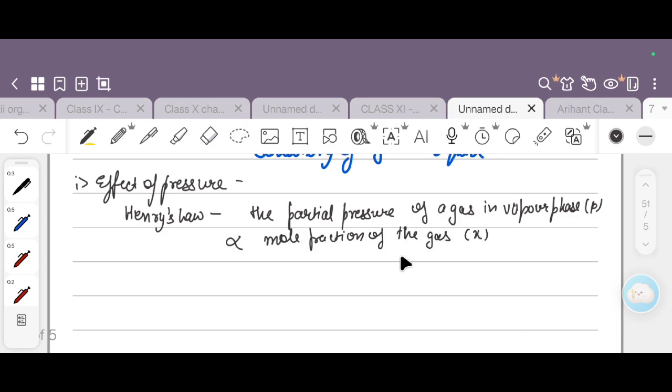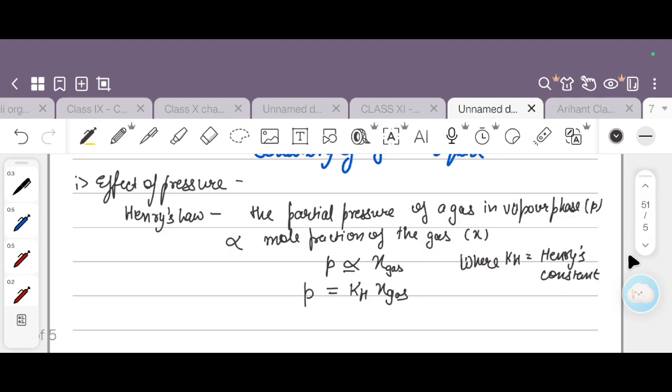We can say P is directly proportional to x of gas. We use a constant here, KH, where KH is Henry's constant.